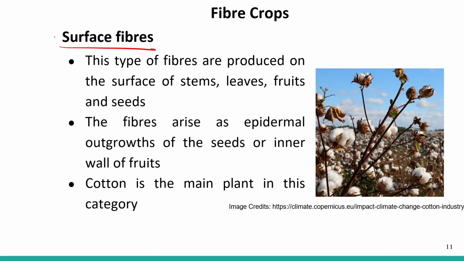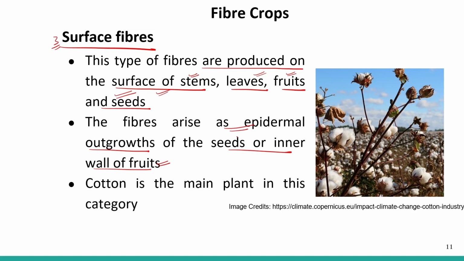Next, the third type is the surface fibers. This type of fiber is produced on the surface of stems, leaves, fruits, and seeds. So we obtain fibers from the stem surface, leaf surface, fruit surface, and also seeds. The fiber arises as an epidermal outgrowth of the seeds or the inner wall of the fruit.